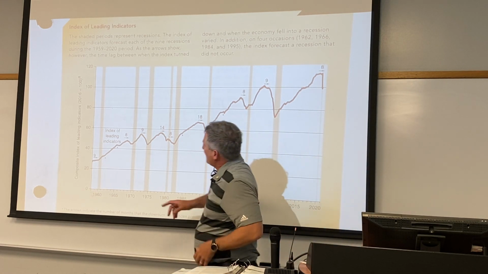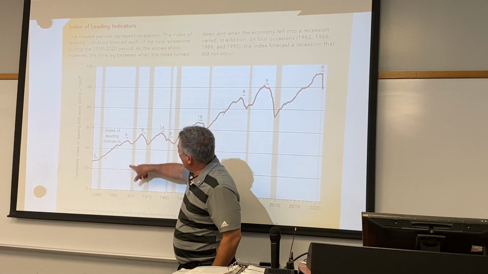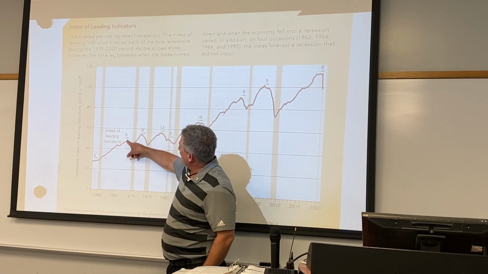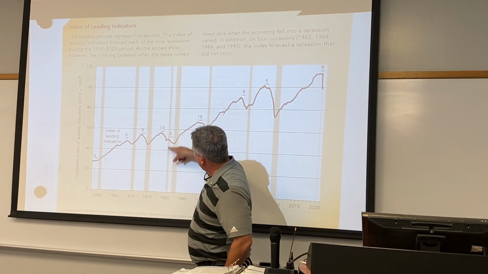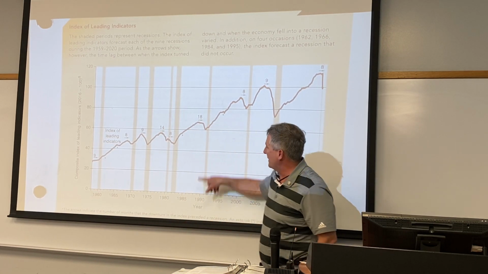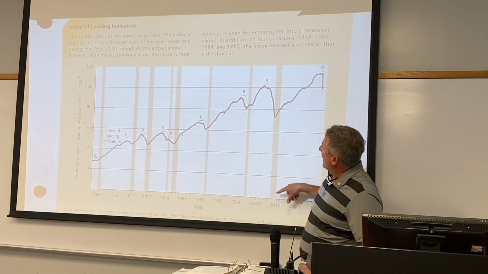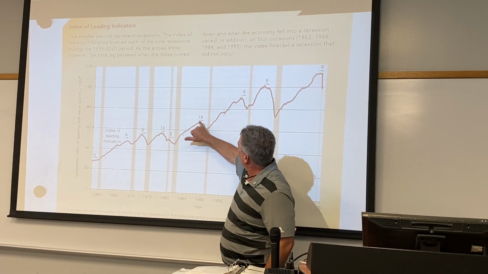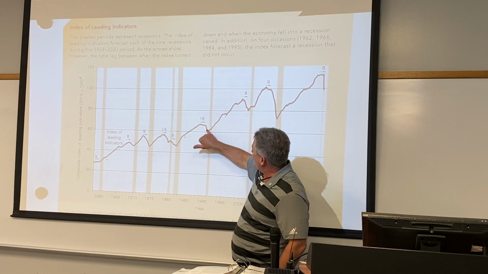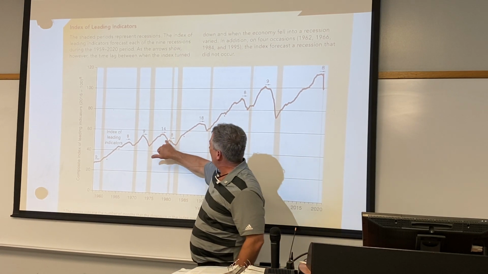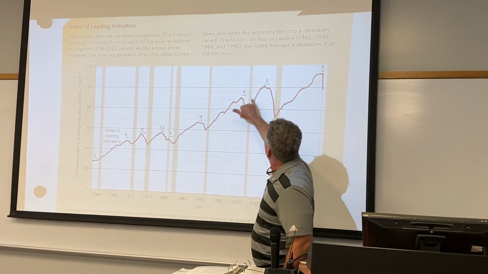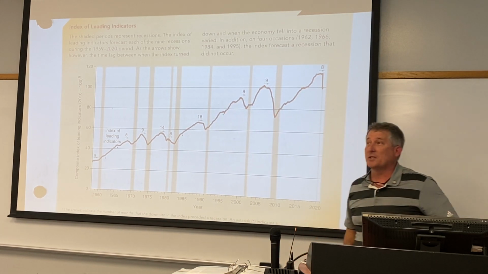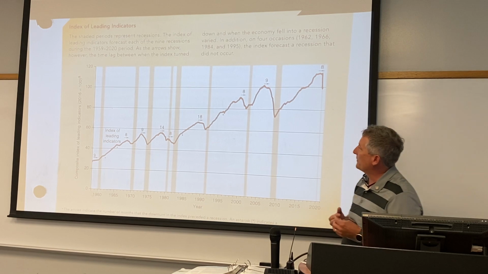And so check out what happens here is that the index of those indicators peaks and goes down, and then this bar here is actual recessions in the United States. And so we do see that this one starts to go down, and then we head into recession, right? This one goes down, recession, recession, and so that's what we mean by those leading indicators.